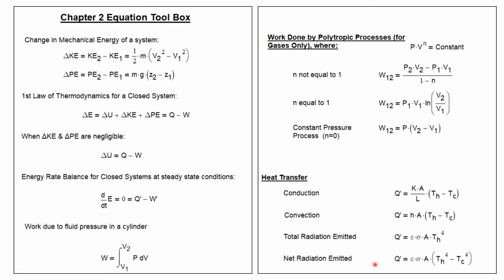Now for net radiation emitted, this is where we're emitting radiant energy according to this first equation, but something out there is radiating back, and we'll regard that as T sub C. And so the net radiation emitted is what we send out minus what we get back. And that's just going to be the emissivity times the Stefan-Boltzmann constant times the area radiating energy times the hot temperature minus the cold temperature, each taken to the fourth power.